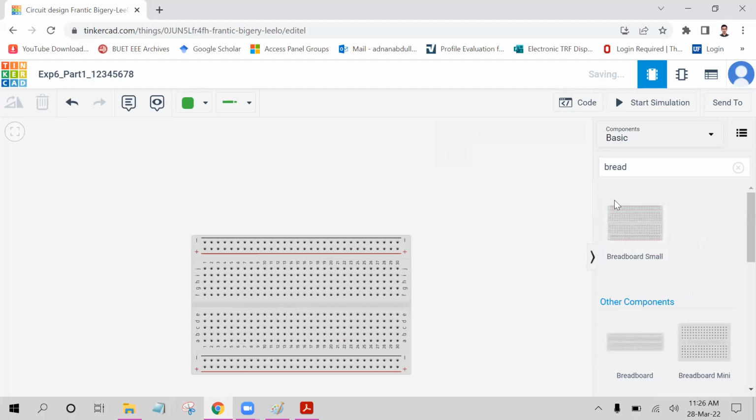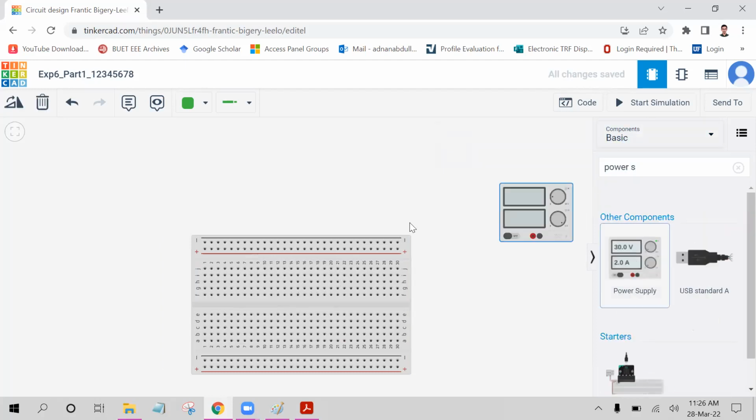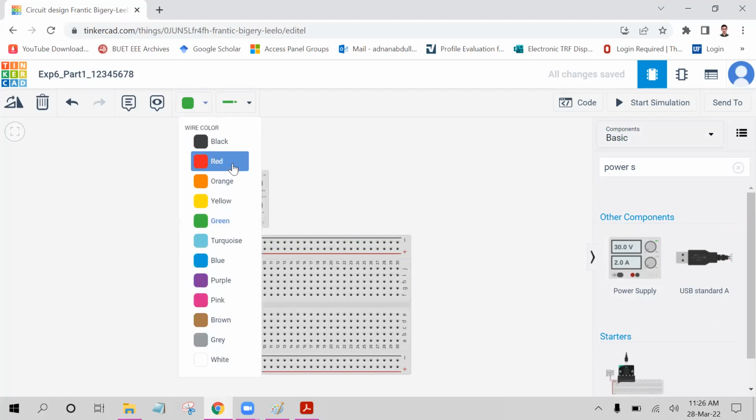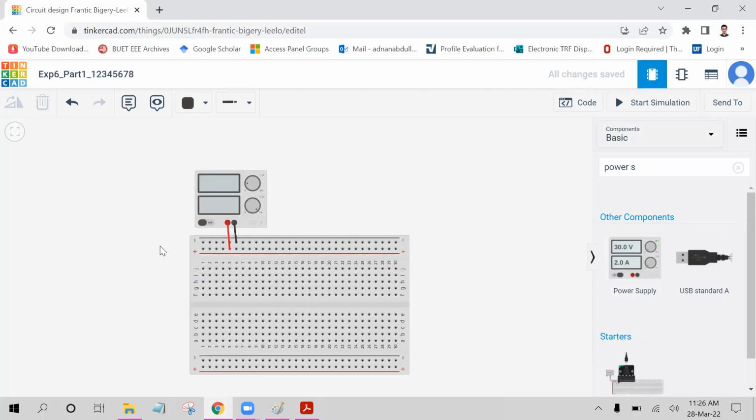First, we need a breadboard and a power supply. I'm connecting the power supply with the positive and negative line. Okay.